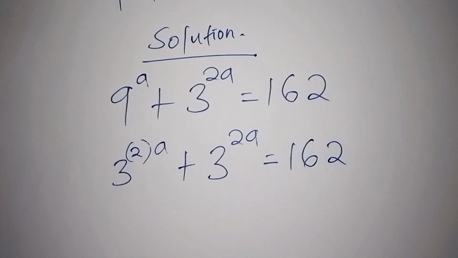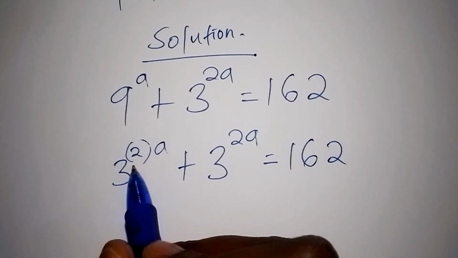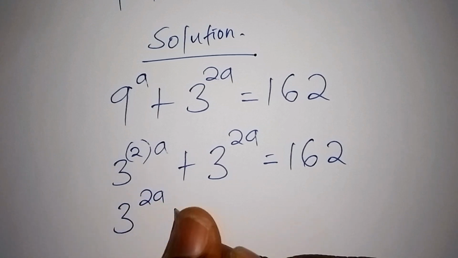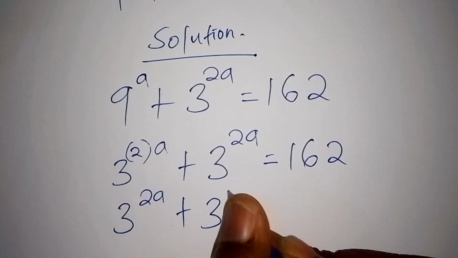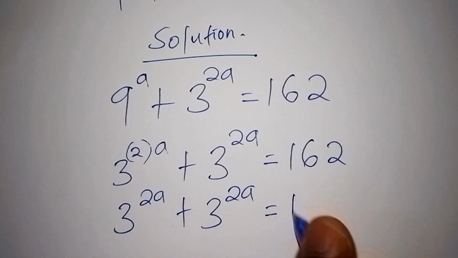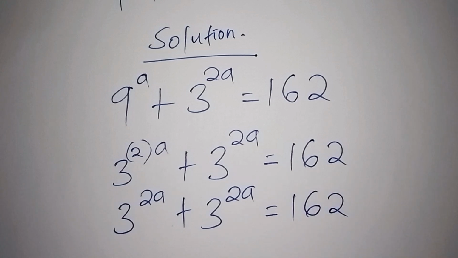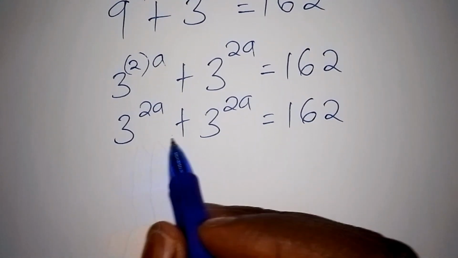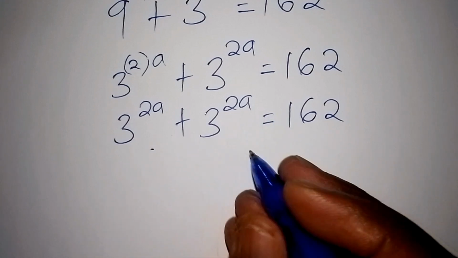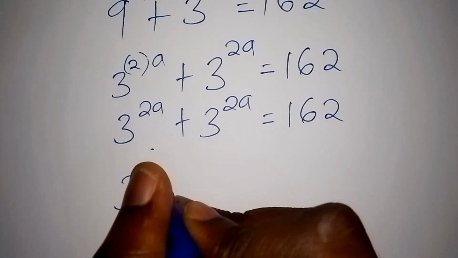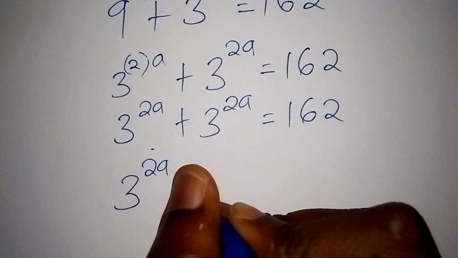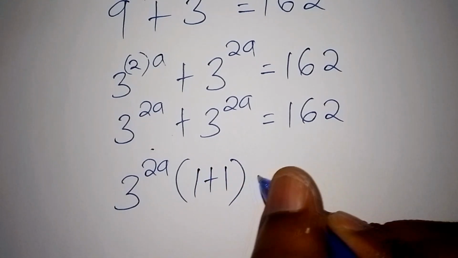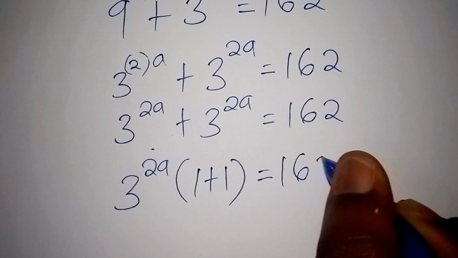When you work this out, we shall have 3 to the power of 2a, plus again 3 to the power of 2a, is equal to 162. Our next step is to factorize, since 3 to the power of 2a plus 3 to the power of 2a is the same. So now we shall have 3 to the power of 2a, into bracket 1 plus 1, close the bracket, is equal to 162.